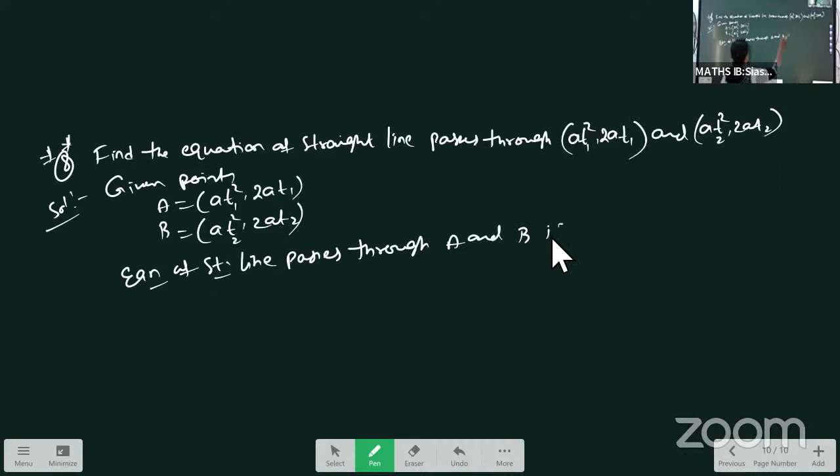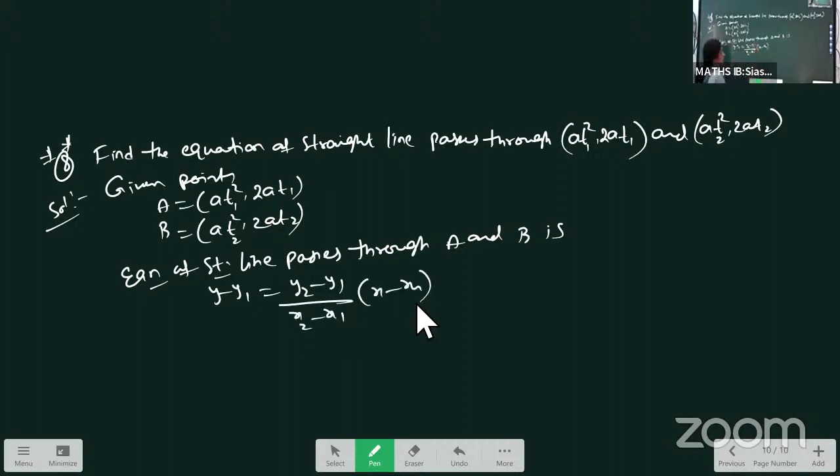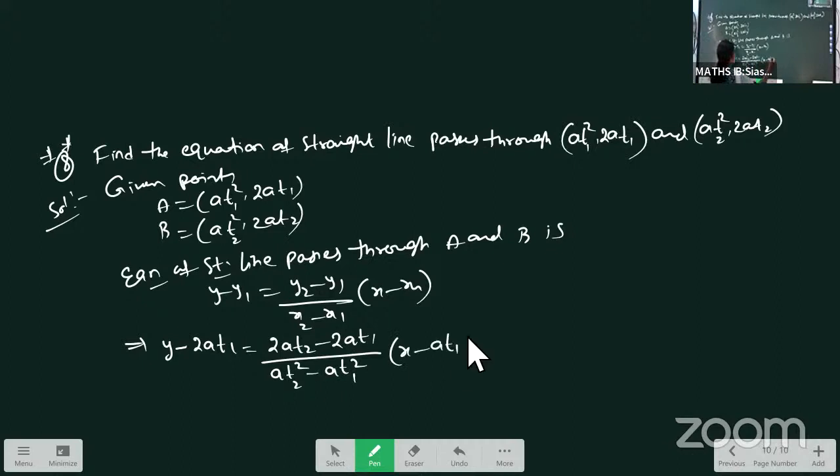So what is the two-point form? y minus y1 is equal to y2 minus y1 by x2 minus x1 into x minus x1. Here x1, y1 is the first point A and x2, y2 is point B. Substitute: y minus 2a t1 is equal to 2a t2 minus 2a t1 by a t2 square minus a t1 square, into x minus a t1 square.